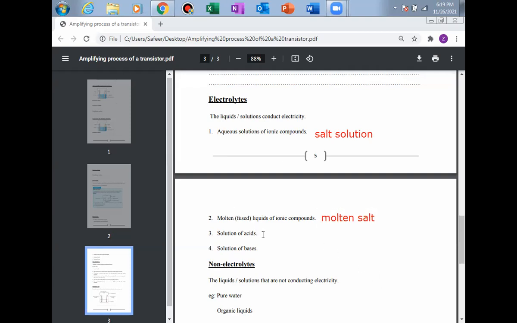Solution of acids. What are the solutions of acid? Hydrochloric acid, HCl.